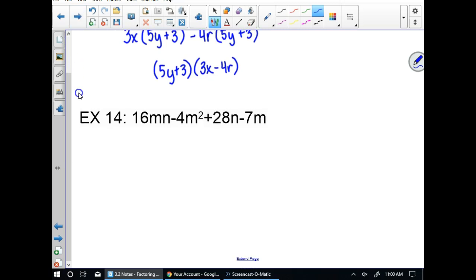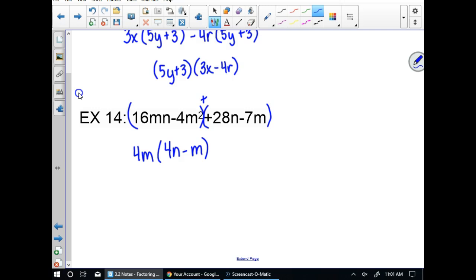Okay. For the last one, group your first two, group your last two, put a plus sign in between. What could we factor out of the first one? Take a 4 and an m. So 4m. That'll leave me with 4n minus m.